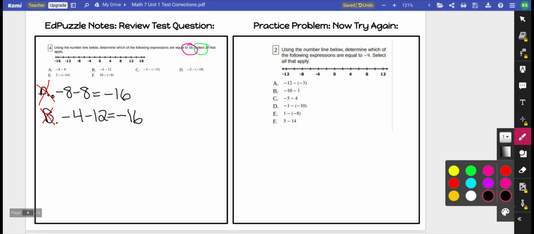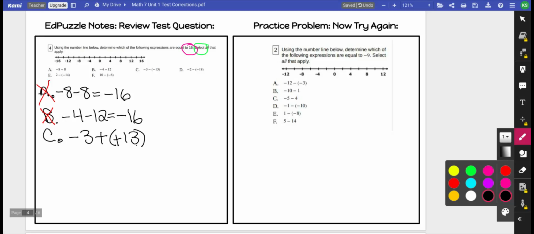Okay, so C says negative 3 minus a negative 13. So in this problem, we have negative 3, and then we have minus a negative 13. So what this middle negative is saying is the opposite of negative 13, which the negative and the negative make a positive 13.